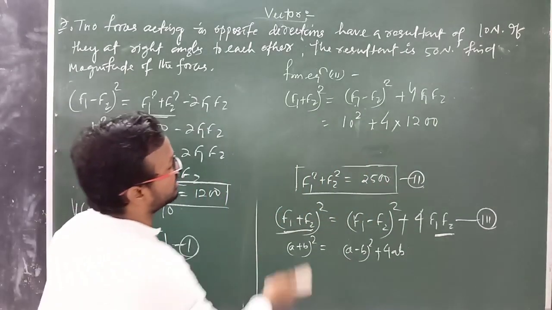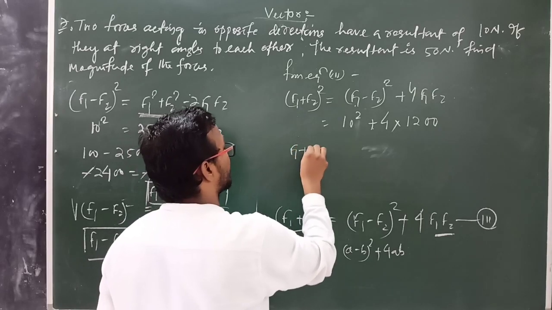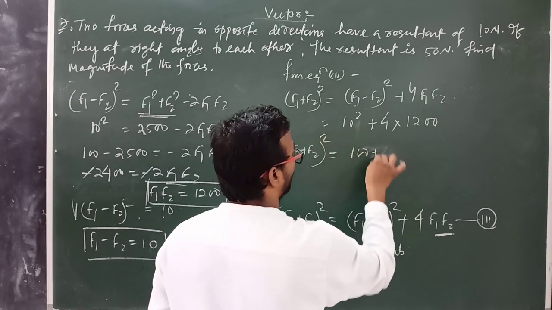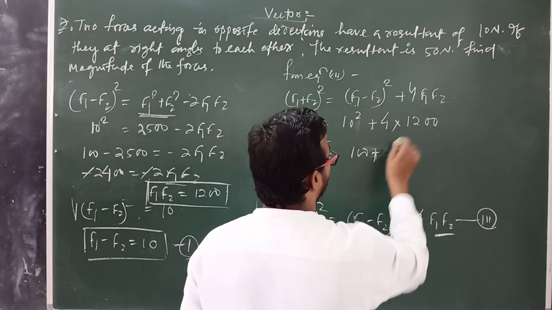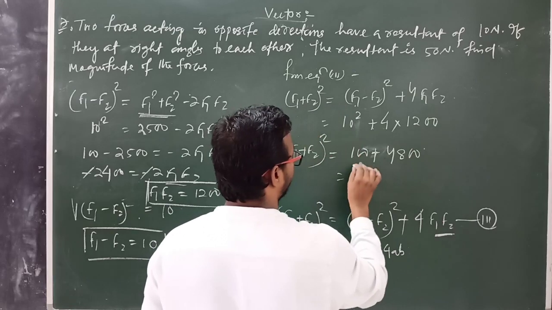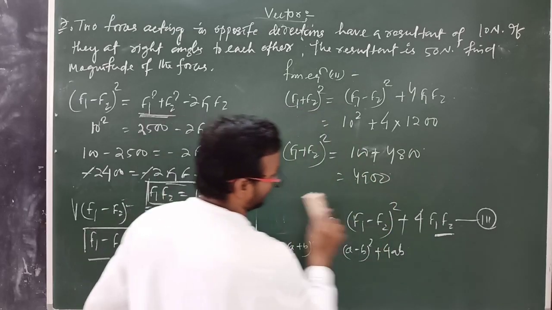Then solve this relation. Then (f1 + f2) whole square equals 100 plus 4800, which is 4900. Clear? Okay.